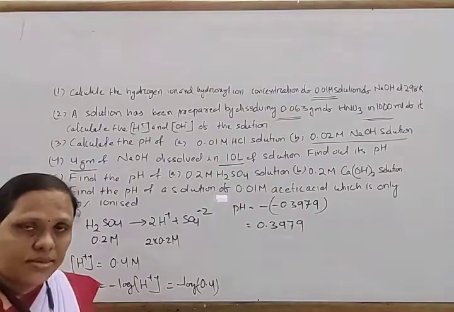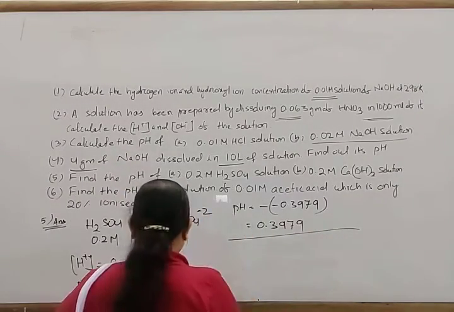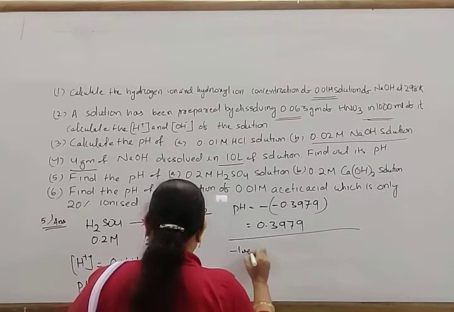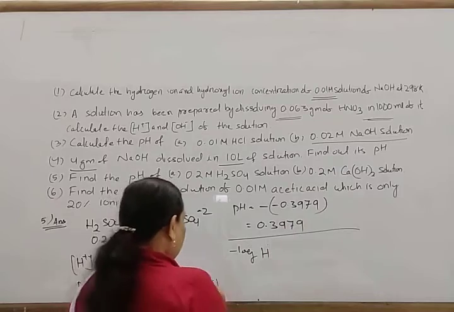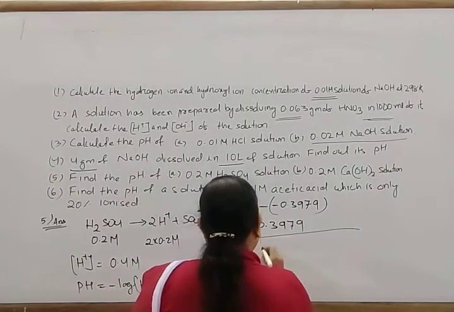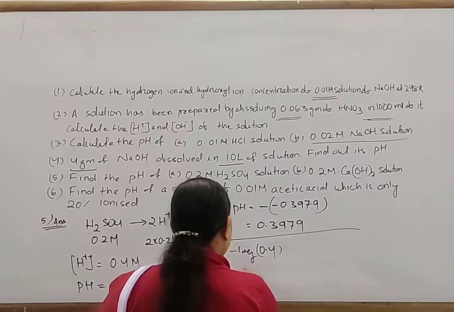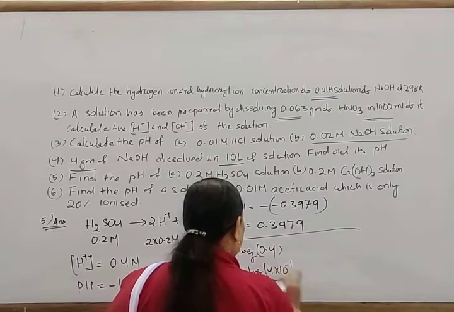Otherwise, how can we solve this? Look, there is another way you can solve this also. Minus log H plus is minus log 0.4. You can write it as minus log of 4 into 10 to the power minus 1.